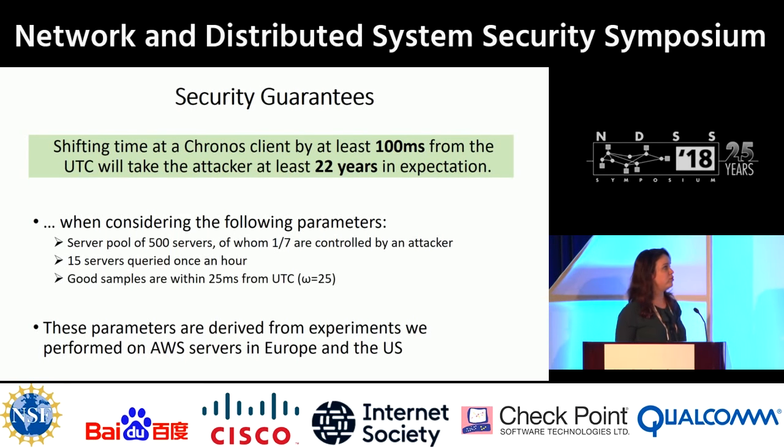And this is when we consider a server pool of 500 servers, but 7 of whom are fully controlled by the attacker. We also assume that 15 servers are queried per hour, and that the good samples are within 25 milliseconds from the UTC. We will denote this 25 milliseconds as omega. These parameters are derived from experiments we conducted on Amazon servers, both in Europe and in the US.